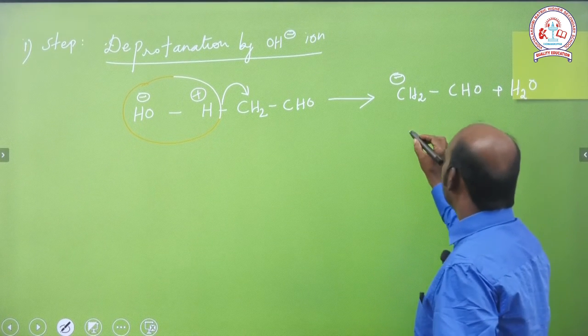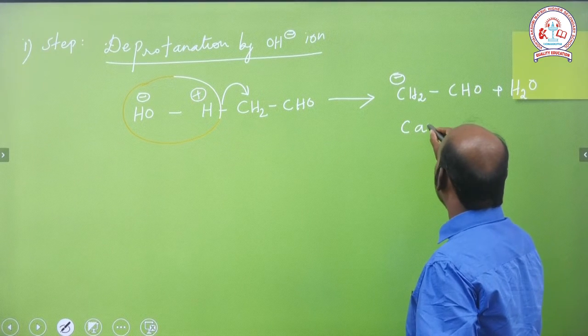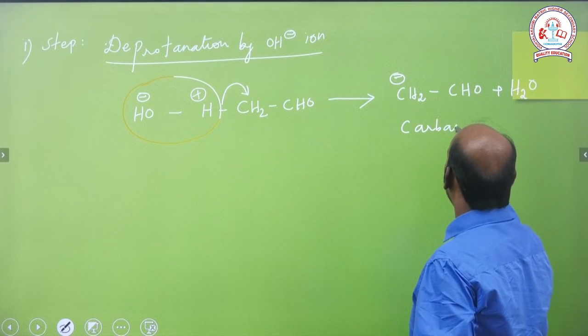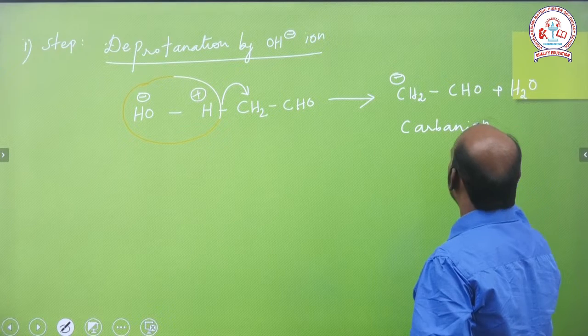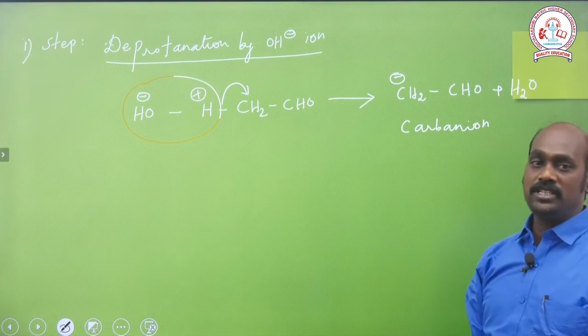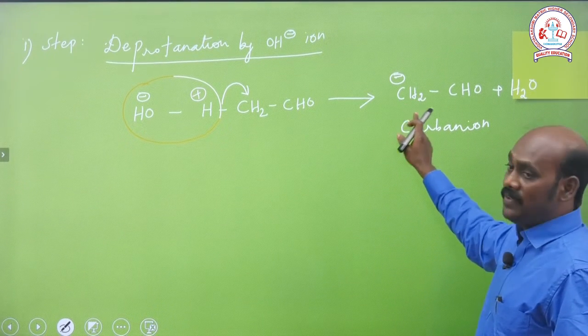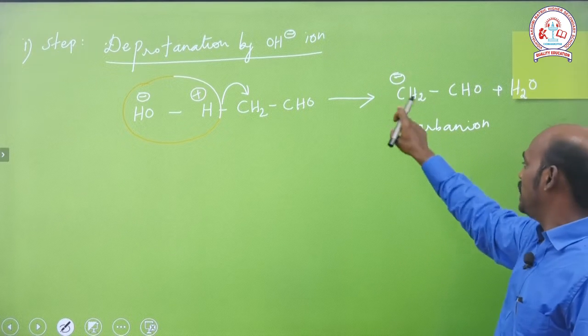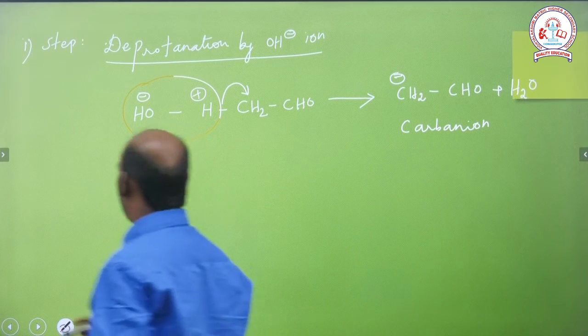This is called a carbanion, because the carbon atom has a negative charge on it. This is step number 1.